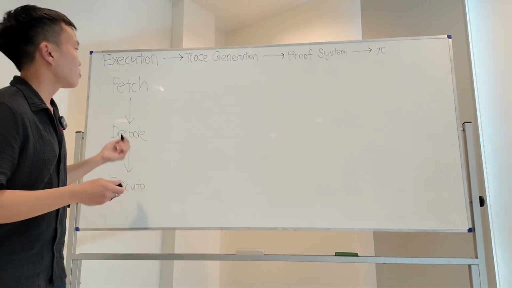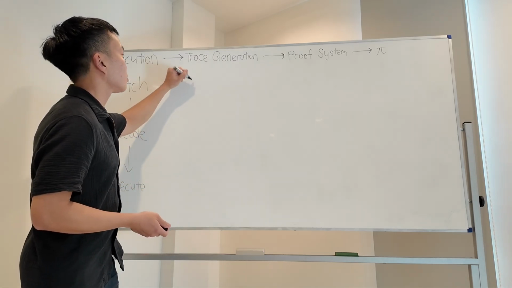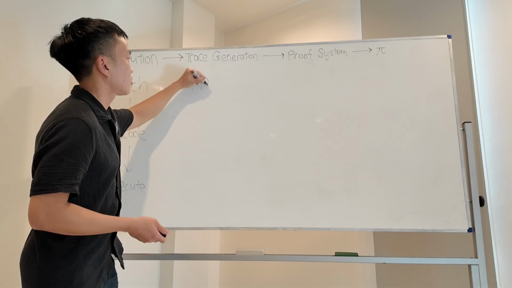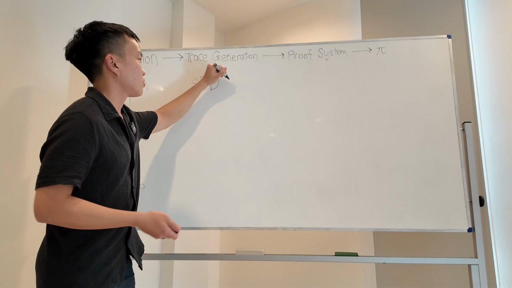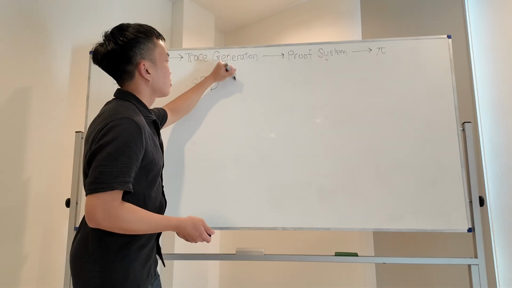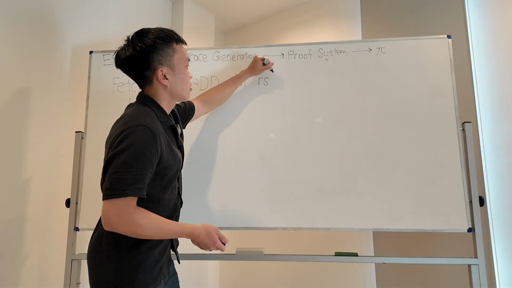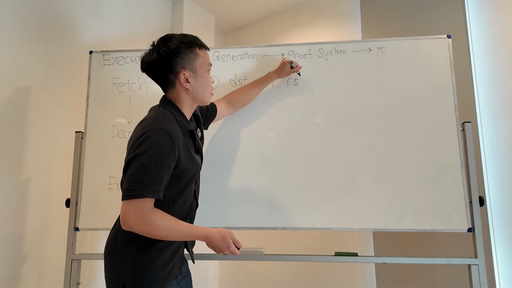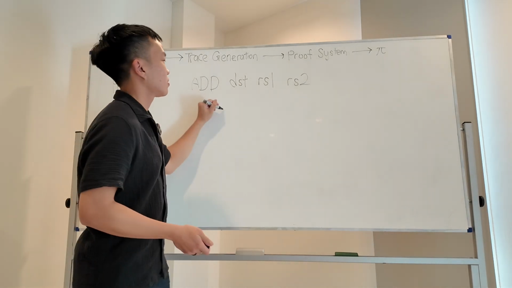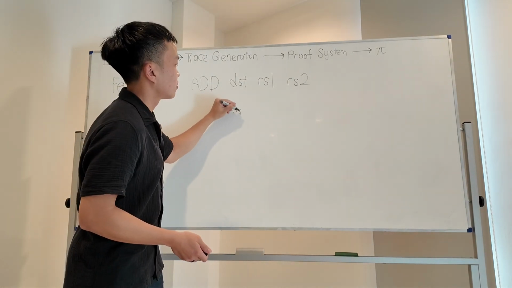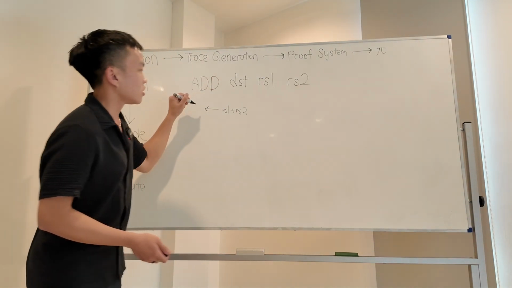This can be, for example, RISC-V instructions. Let's say somewhere in the program you have an add instruction, where you add into a destination register from two source registers, RS1 and RS2. So you're doing RS1 plus RS2 and feeding it into the destination register.